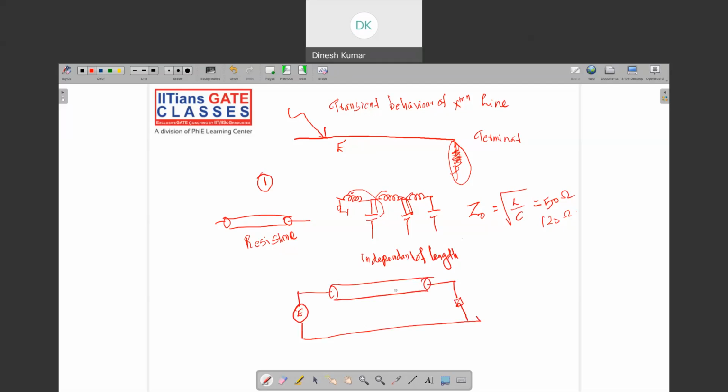Every transmission line is characterized by something known as a surge impedance Z0 and its delay time tau. Each and every transmission line is characterized by its surge impedance Z0 and the delay time tau. These are very important things. And this is the terminating resistance, that is ZL. So these are very important. Now we can check this.